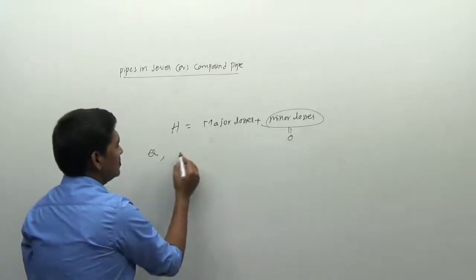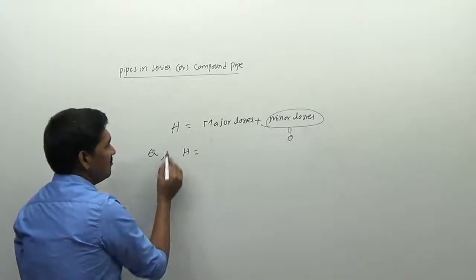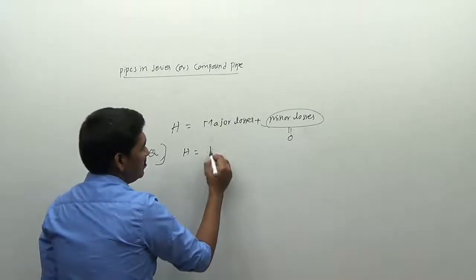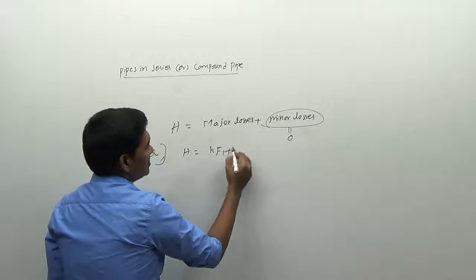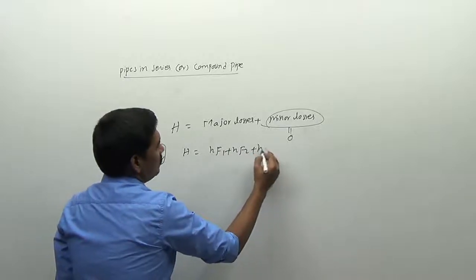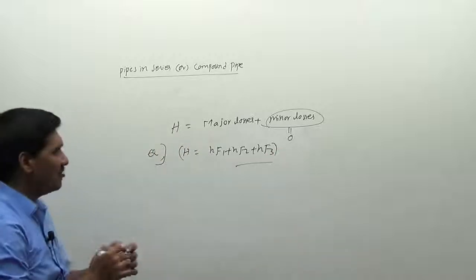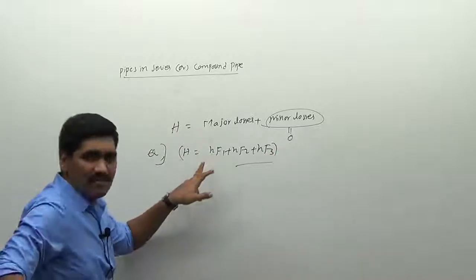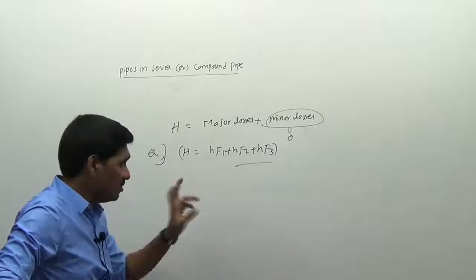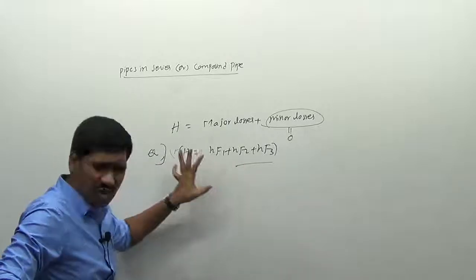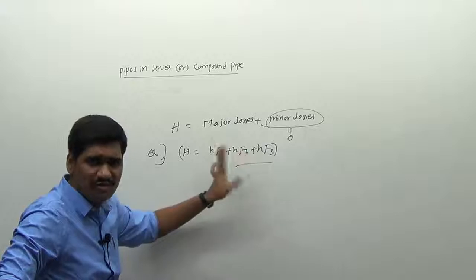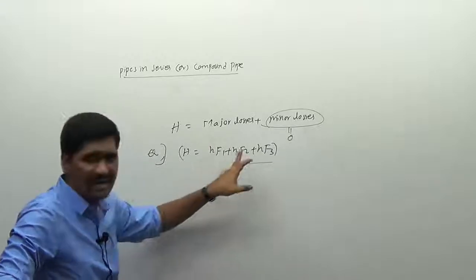Therefore in those cases, the value of H will be simply HF1 plus HF2 plus HF3 here. So this is the sum of the losses due to the frictional forces acting on this body. If you have two lengths of different diameters, then you can go for HF1 and HF2.